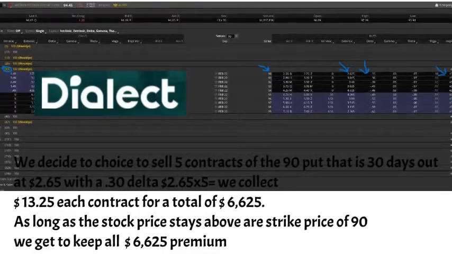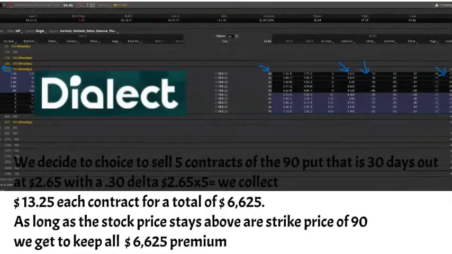The delta is negative 0.33, so that gives us about a 75% chance that it is going to expire out of the money, and implied volatility is high right now. So this is the perfect one if we're going to be selling a bullish position, selling a put, because we expect that the stock price won't go below 90.